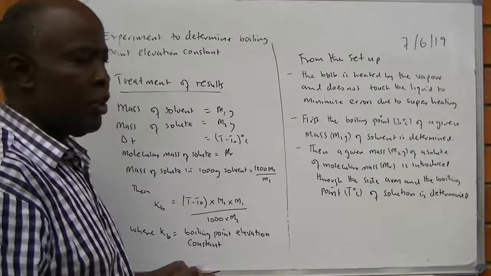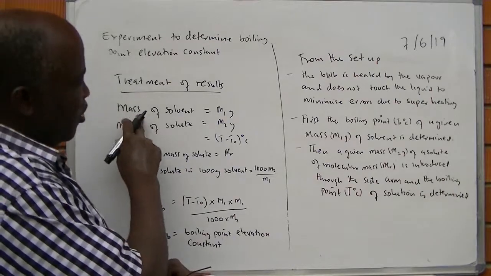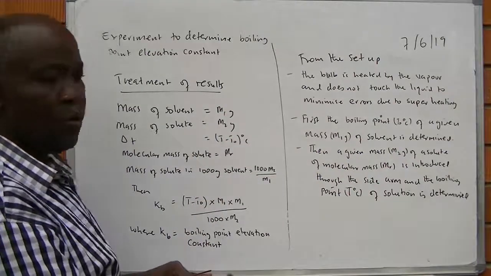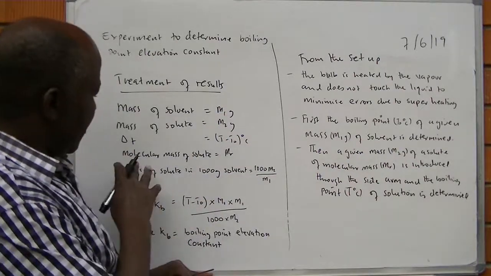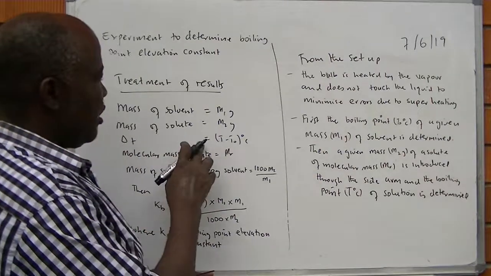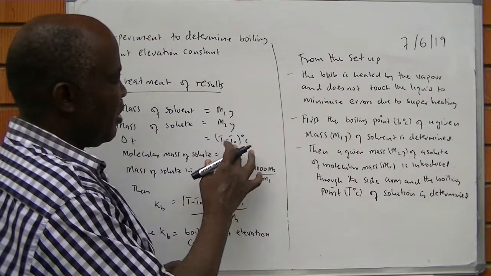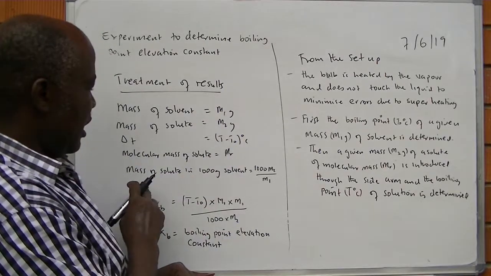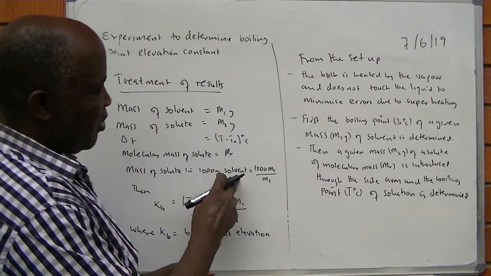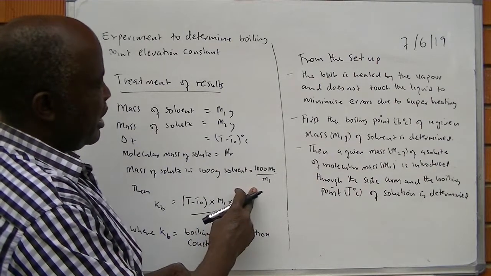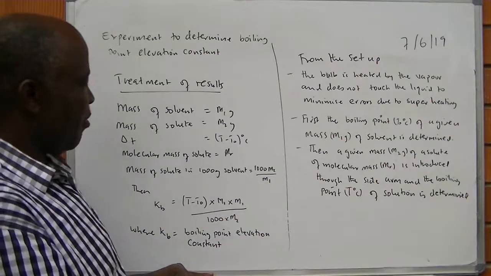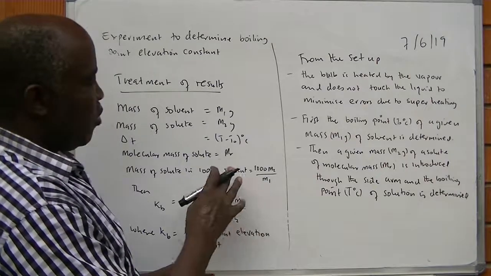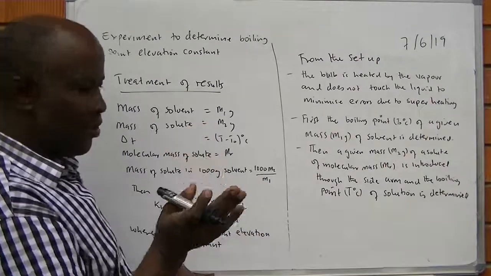Treatment of results: we have seen that the mass of a solvent is M1, the mass of a solute is M2. Then boiling point elevation dT is equal to the boiling point of the solution minus the boiling point of the solvent. Molecular mass of a solute is Mr. Then the mass of a solute in 1,000 grams of a solvent will be 1,000 times M2 over M1, since M1 grams of a solvent contains M2 grams of a solute.